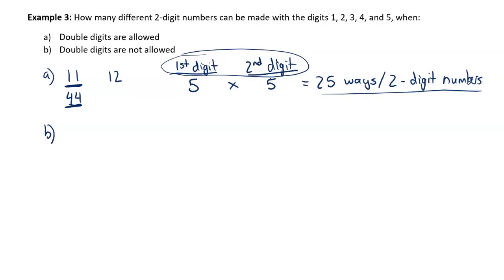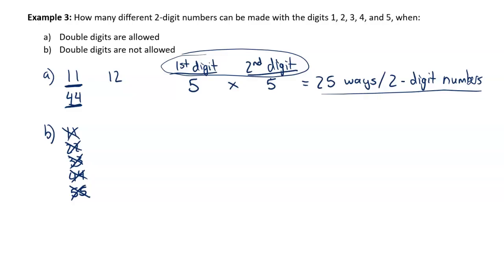How would that change now if double digits are not allowed? If double digits are not allowed, that means we cannot have 11, 22, 33, 44, or 55. So what you could do is you could say, okay, those are the 5 possibilities that are not possible, so 25 minus 5. But in that case, you have to list all the possibilities.